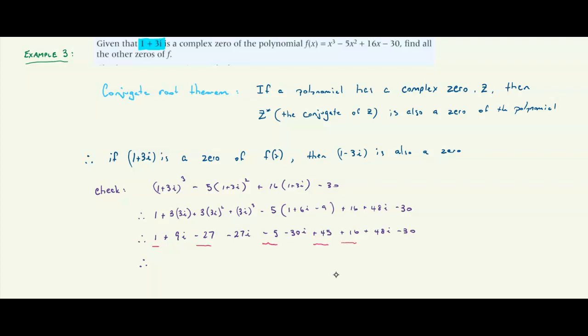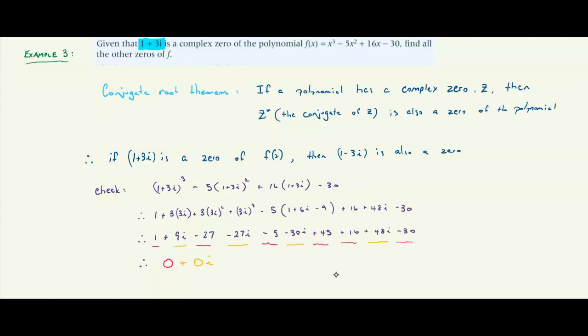Add 16, I'm at 30. Sigh of relief, I get 0. All right, let's check now with my imaginary. 9i. Minus 9 minus 27 is negative 18. Oh, I'm at negative 48. Oh, plus 48. 0i. So 1 plus 3i, that's a root.